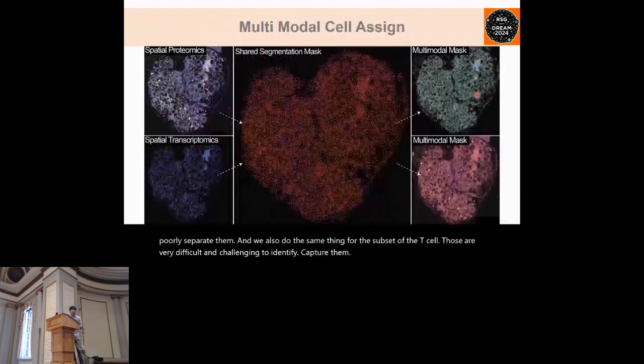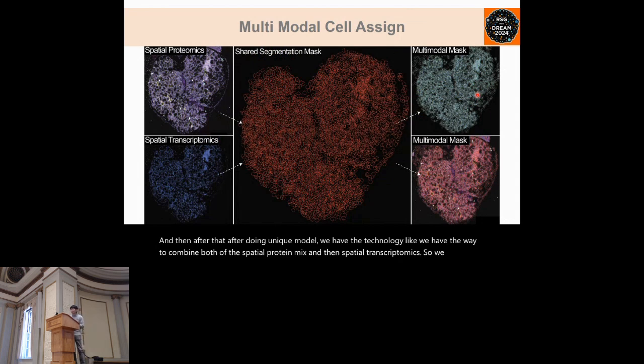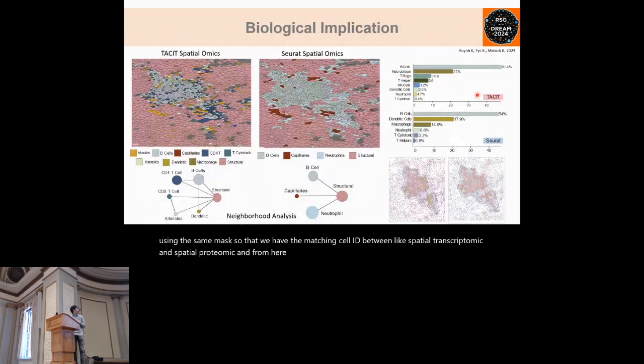And then after that, we have the technology, we have the way to combine both spatial proteomic and spatial transcriptomic. We're gonna use the same mask, so that we have matching cell IDs between spatial transcriptomic and spatial proteomic. And from here, we also see this is the region with a lot of immune function.